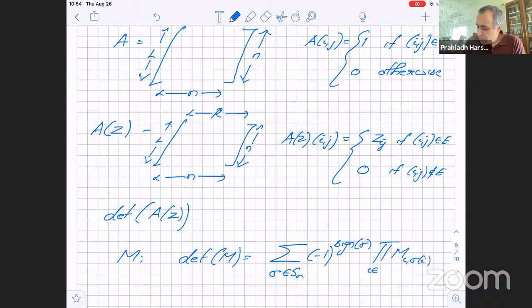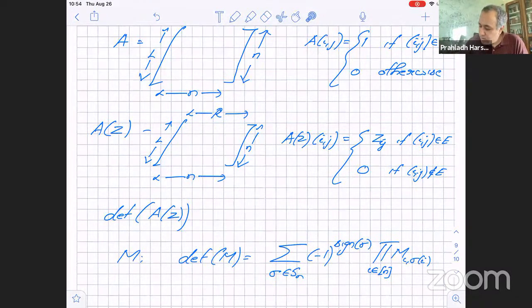So what is a permutation? You might be familiar that this is the definition of a determinant. What does it do? It takes every possible, notice that what we are doing is sort of like a matching. It goes over all possible matchings. So let's assume we have a complete graph now.